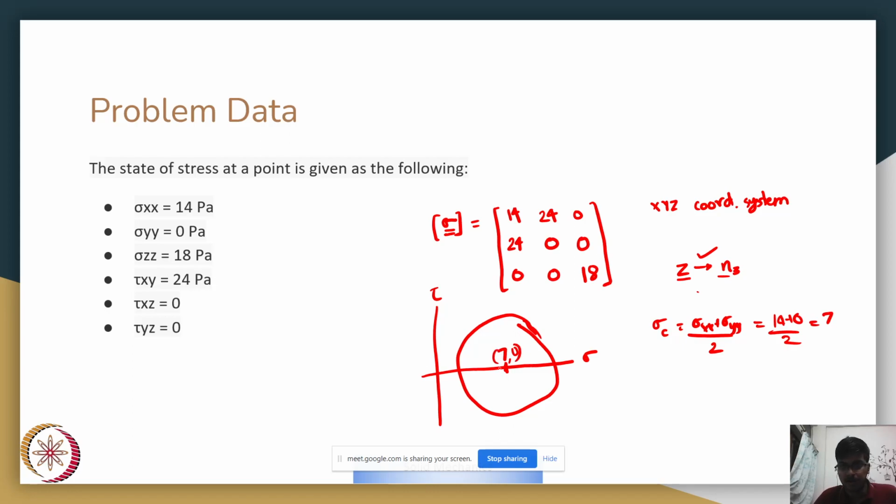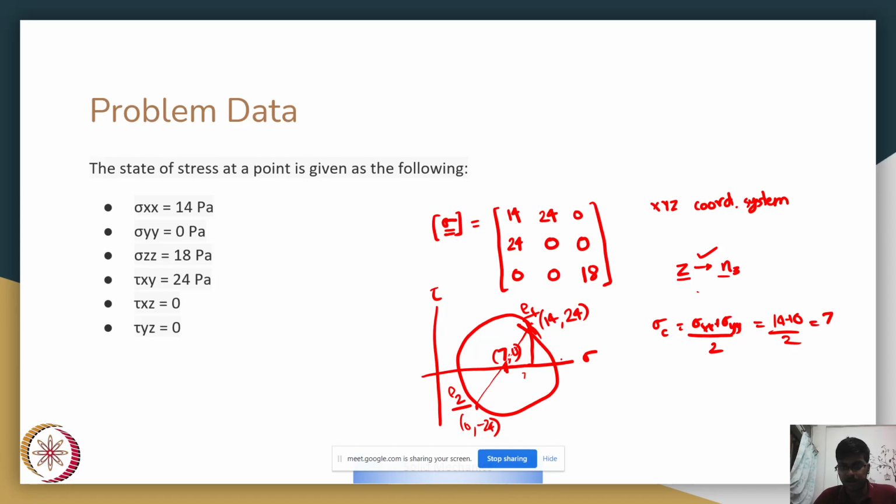And your sigma xx, which is 14, is 7 more in this direction, and tau xy is 24. So this is 14, comma 24. And this should be 0, comma minus 24. This is direction E1, this is direction E2.